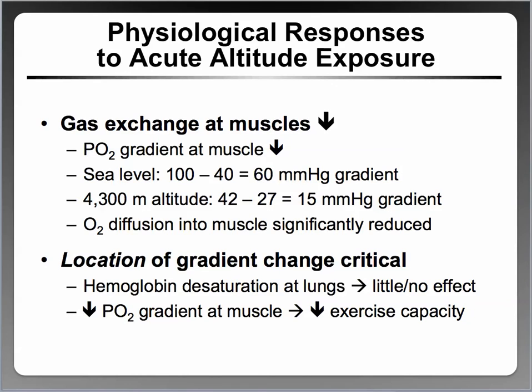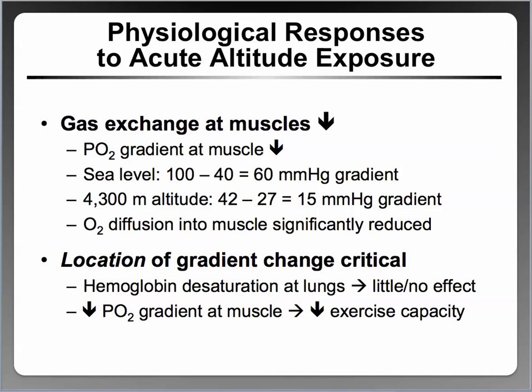However, on the heels of us retaining saturation, if we talk about gas exchange that occurs in the muscle, there is a side effect. Gas exchange is decreased in the muscle, because the partial pressure of oxygen between the bloodstream and the musculature decreases.